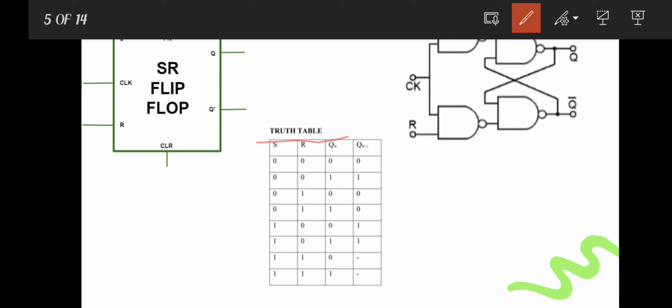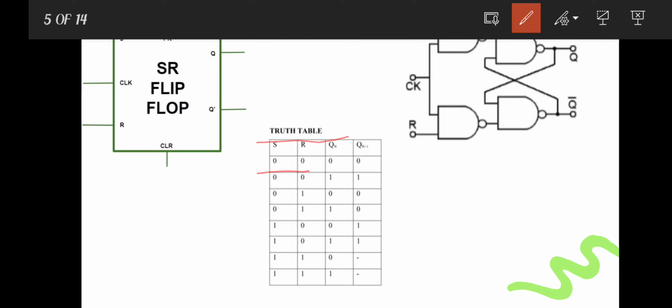If the present state is 0, then the next state will remain 0. And if the present state is 1, then also the next state will remain the same. That means whenever there is no clock transition, there is no change in the flip-flop output.